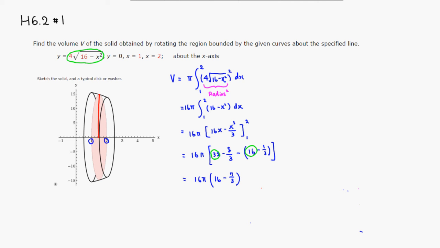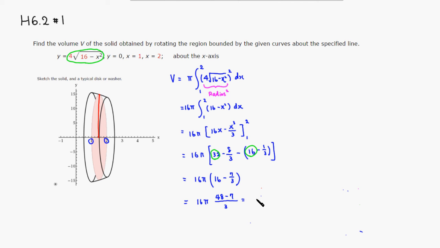So this is 16 pi, taking a common denominator of 3: 3 times 16 is 48, and 48 minus 7.